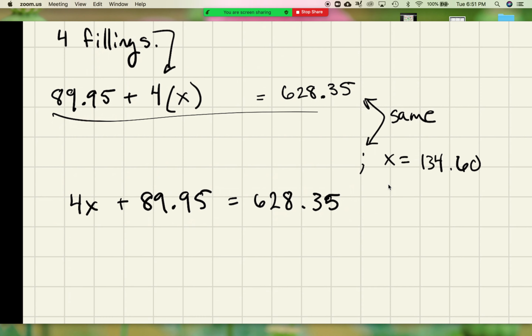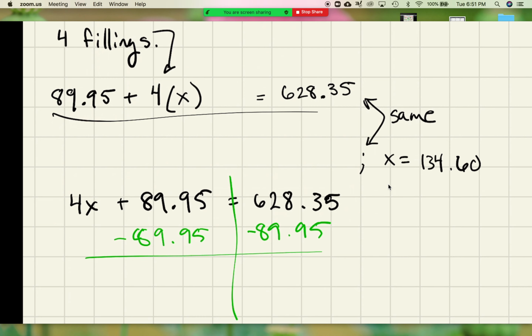So again, this is a 2-step equation. You have to look at the number that's farthest away from the x, which would be 89.95. So you would do the opposite: subtract 89.95 from both sides of the equal sign.